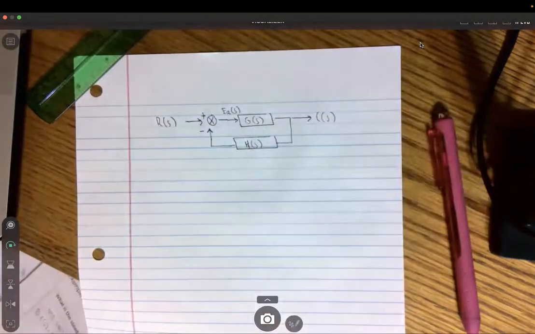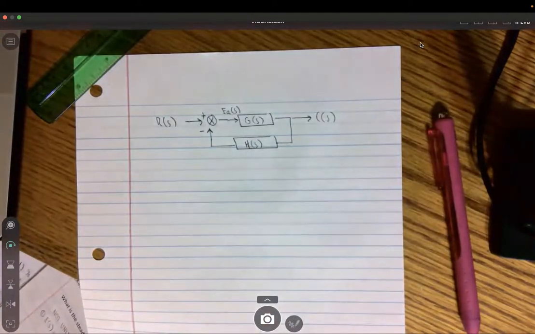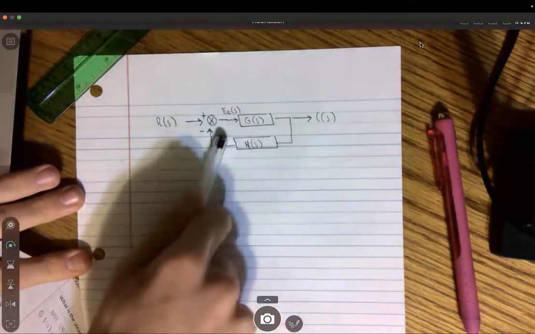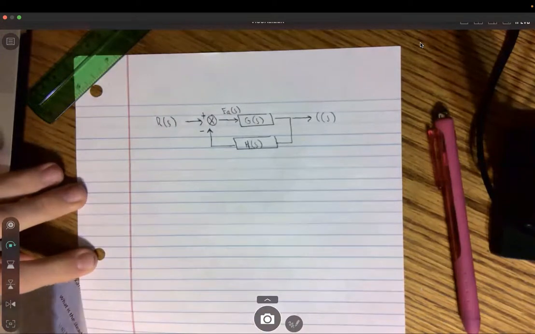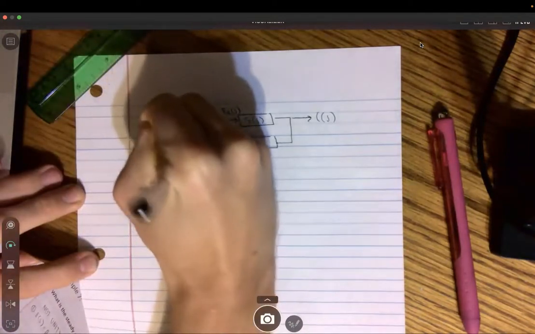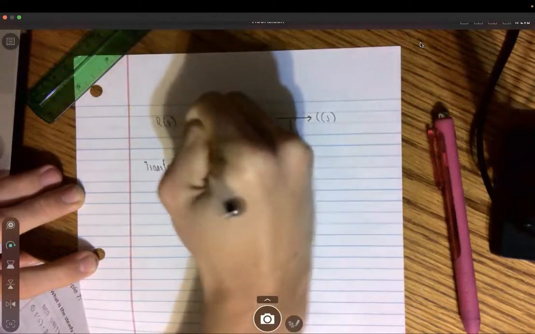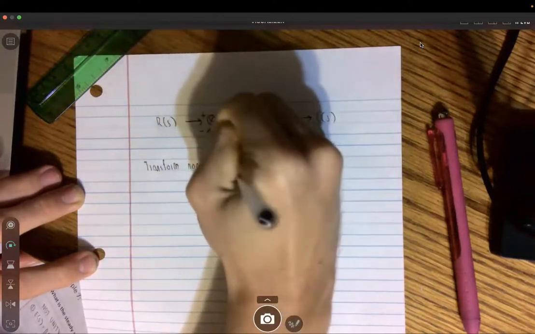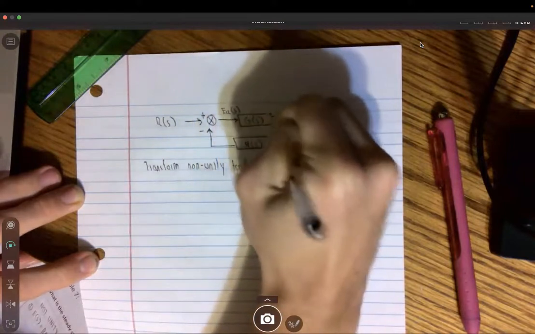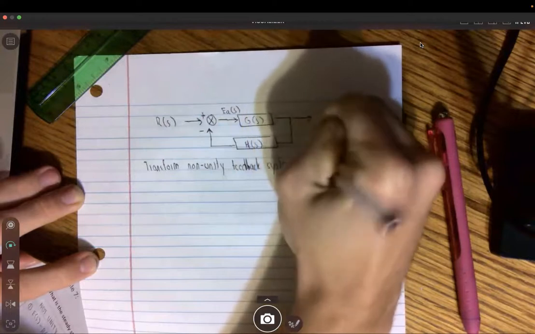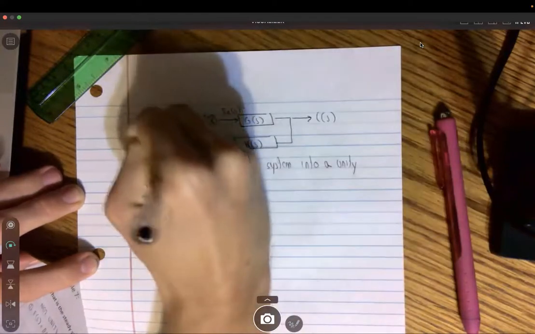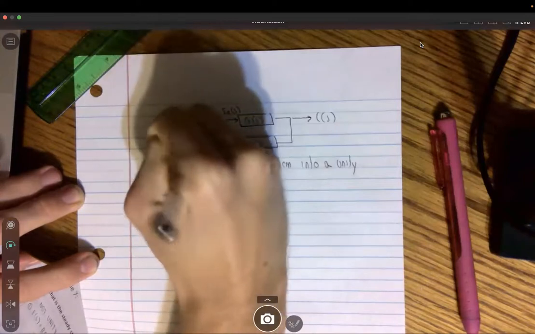And so what we need to do is transform this non-unity feedback system, because we have a gain in the feedback loop, into a unity feedback system.